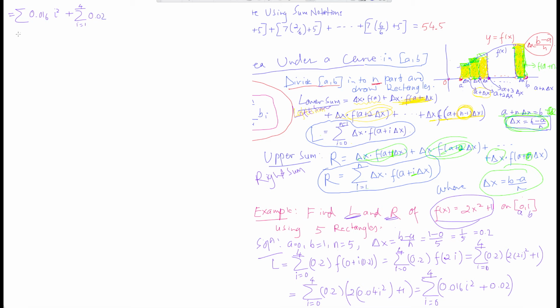You see that? So you pull out the constant, and i runs from 1 through 4 of 0.016 times i squared. What is the formula for i squared? It is n times n plus 1 times 2n plus 1 over 6. Oh, I'm sorry, this is 0 through.